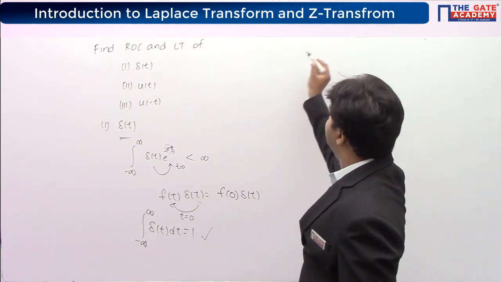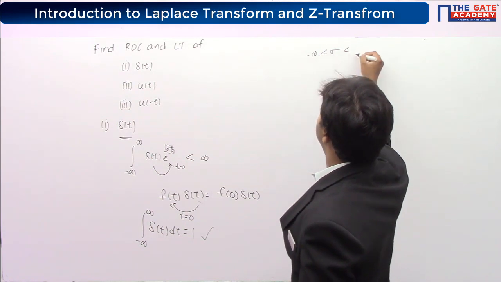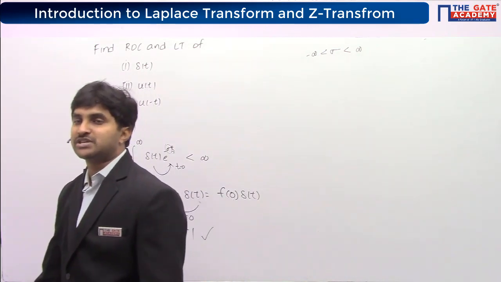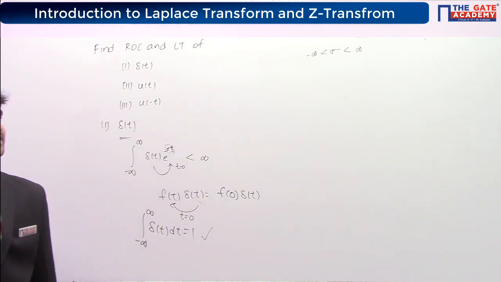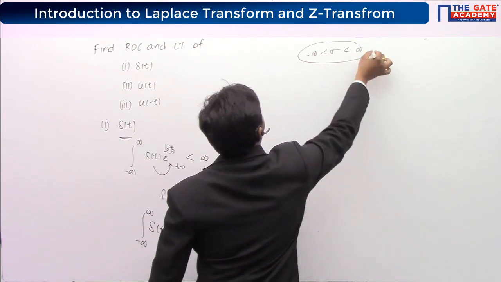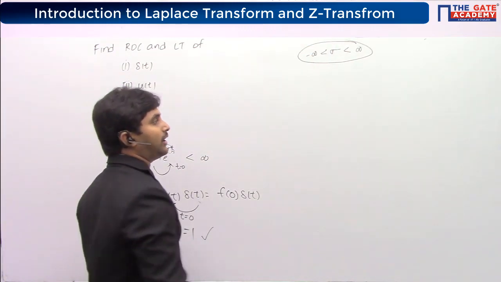So it means I can have my ROC from any value of sigma, from minus infinity to infinity. It simply means that it doesn't depend on the value of sigma. You can put any value of sigma that you require.